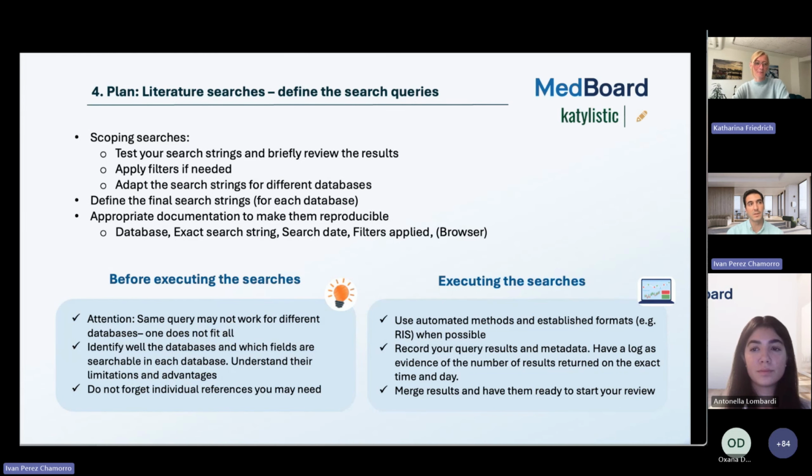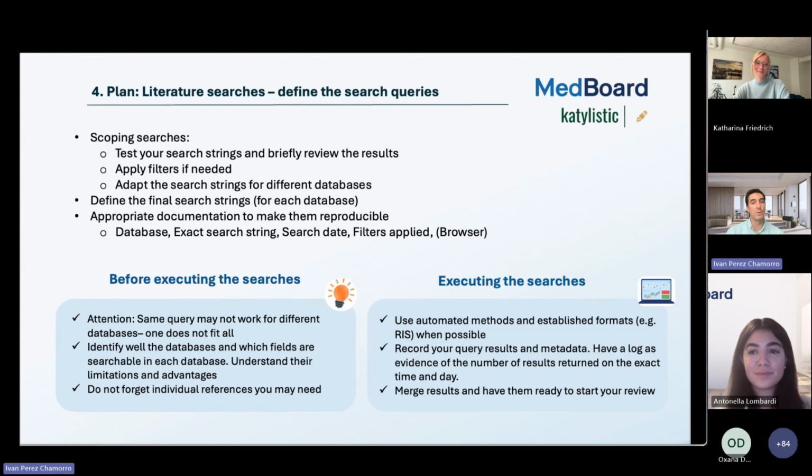So executing the searches could be, for example, through our platform, automated methods or importing rich formats, recording the results, and having a log that's always very well documented. Sometimes reviewers or auditors don't understand that the same query in the same period may give different results. That's why some articles get removed, and some articles get added after the period.